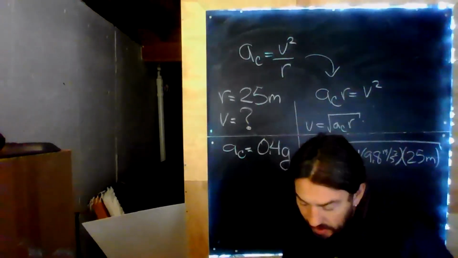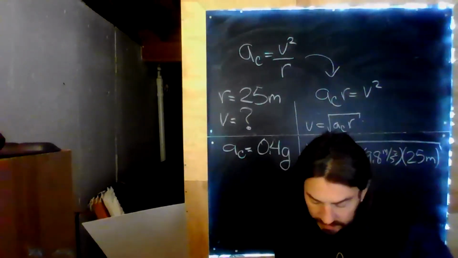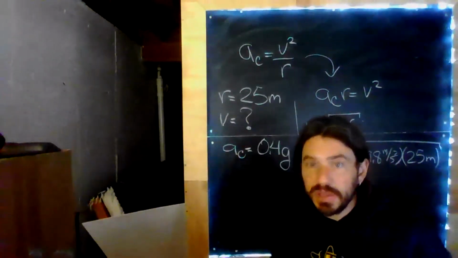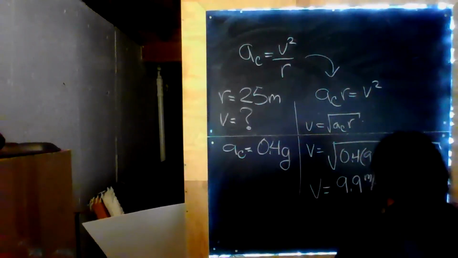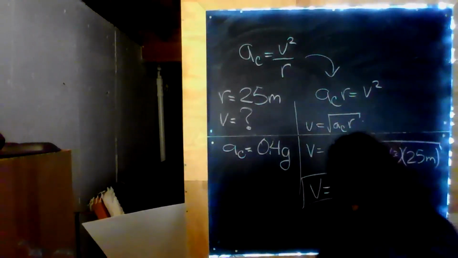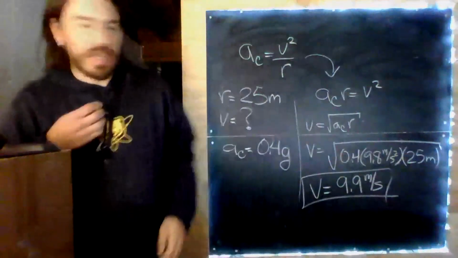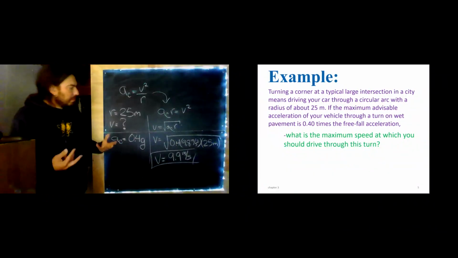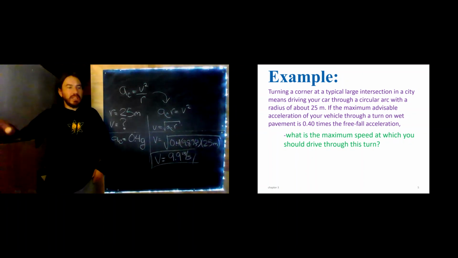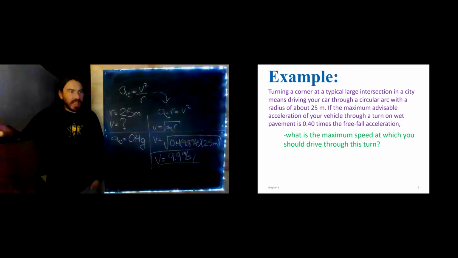Run my calculator, and I get 9.9 meters per second. That's something like 22 miles an hour. I'd say that's reasonable for the fastest you should possibly take a corner in a city on wet pavement. I like it.